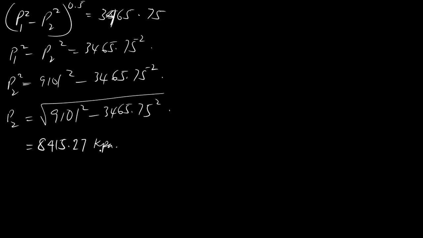Let's recalculate to see what we get. Now the gauge pressure of the outlet will be 8415.27 minus 101, so we now have 8314.27 kilopascal gauge.